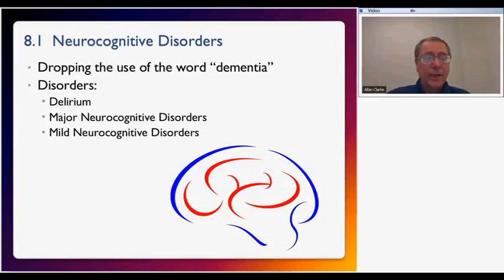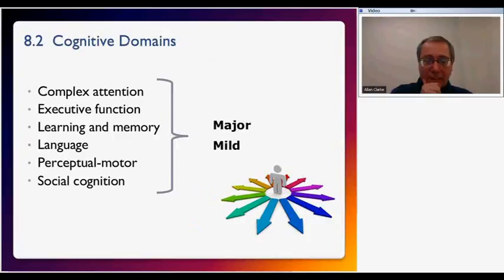Within this category, there's delirium, major neurocognitive disorders, and mild neurocognitive disorders. Mild neurocognitive disorder is a new category to catch the early phases of cognitive decline. I'll go into a little more detail with that, but there are 6 domains for assessment in terms of cognitive functioning: complex attention, executive functioning, learning and memory, language, perceptual motor, and now social cognition.